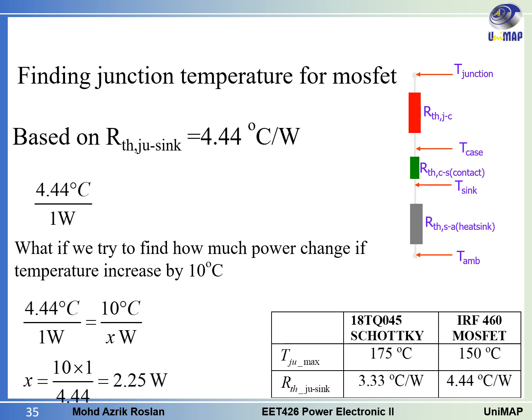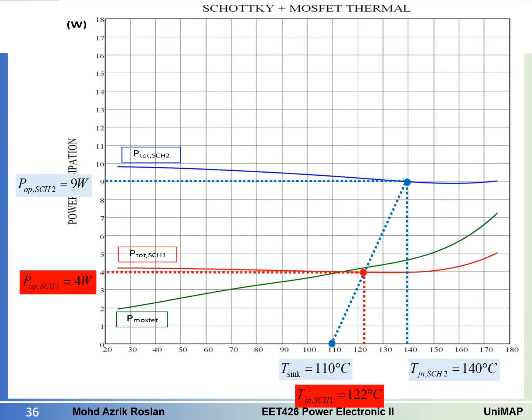So when we want to draw a 10 degrees C line, we have to find the value of x, and we will get x equal to 2.25 watt. So the increase of 10 degrees C will increase the power by 2.25 watt.